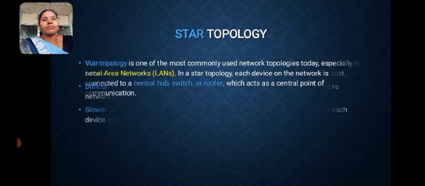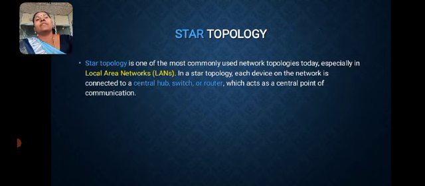Next, star topology. It is one of the most commonly used network topologies today because it contains a central hub. This hub provides the connection to all other devices, nodes, computers, links, etc. It is mainly used to design LAN connections. LAN, as you already know, is a local area network.